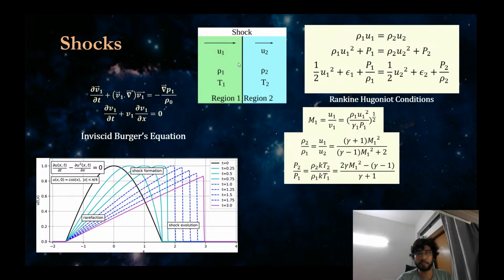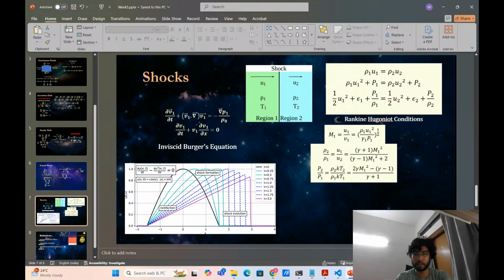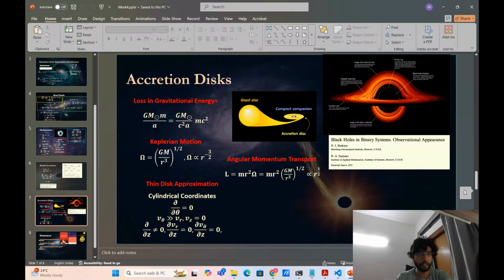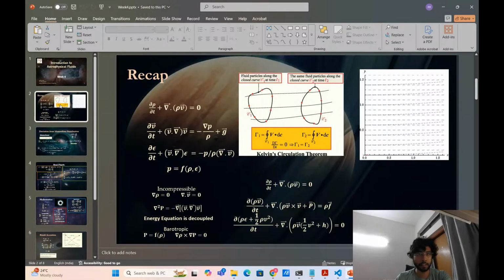If you draw the boundary of the shock over here, the matter is going from the pre-shock to the post-shock region. This goes back to our previous lecture, V3, where we derived the conservative form of the equations.